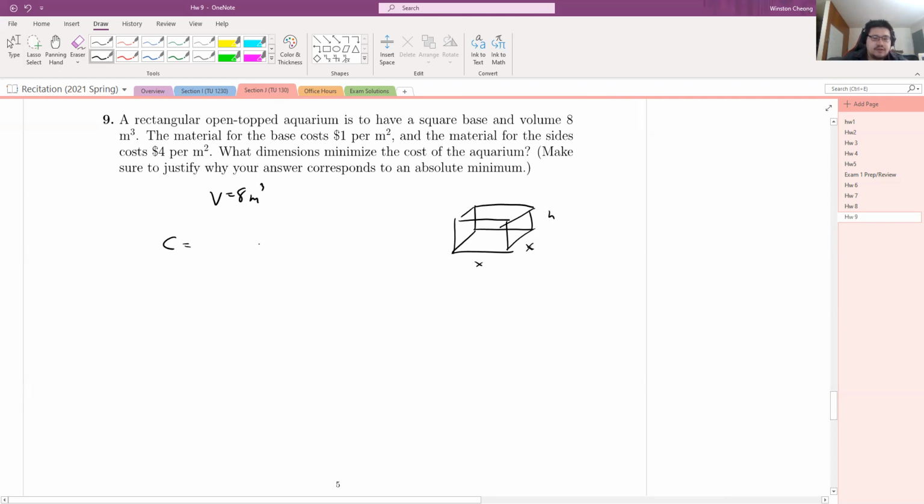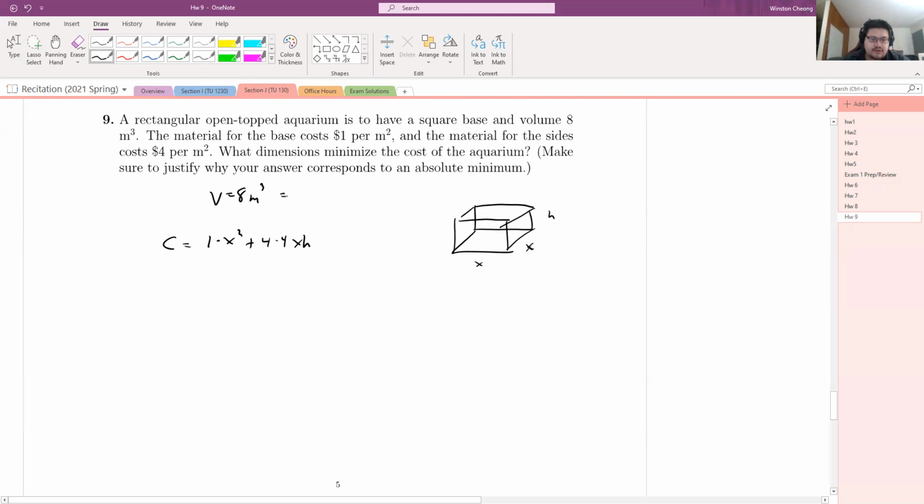Cost is 1 per meter squared for the base and 4 per meter squared for the sides. So that's going to be 4 times 4xh. One of these 4s is because there are 4 sides. The other 4 is because the cost is $4 per meter squared. So this is the cost function.